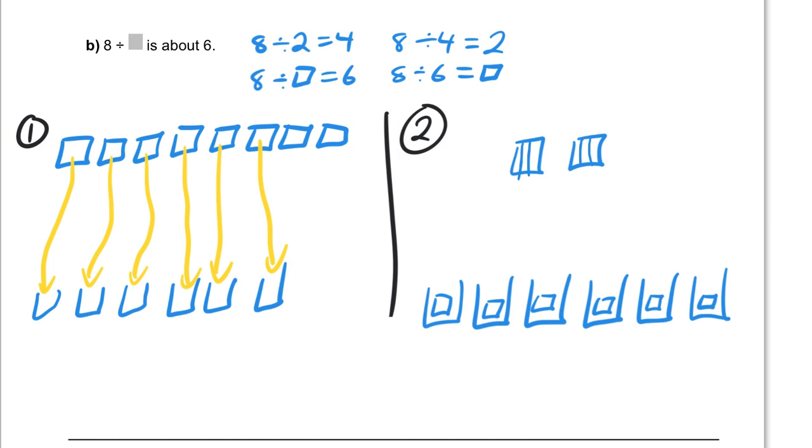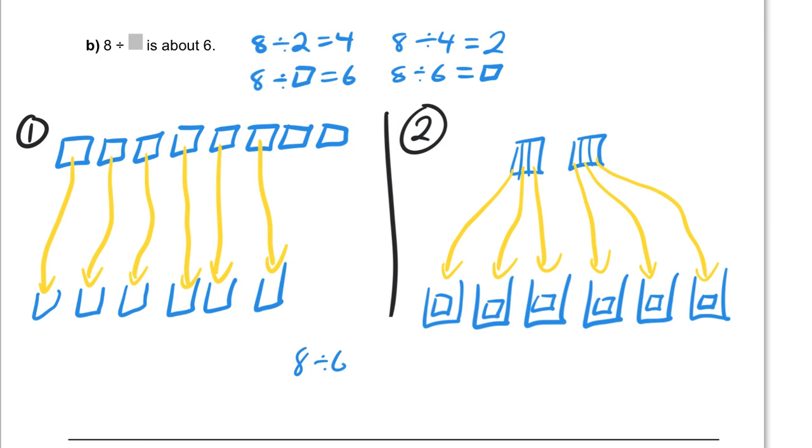And now that we have them in thirds, we can put 1/3 in here, and 1/3 in there, and 1/3 in there, and this third can go over here, that third over here, and that third in there. So when we say 8 divided by 6, we can say that in each of these containers there is 1 and 1/3.